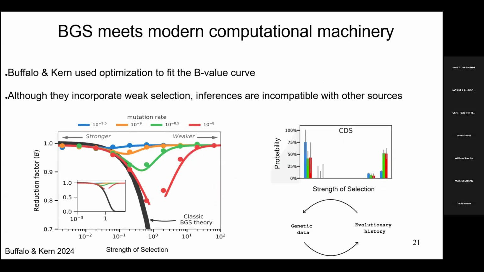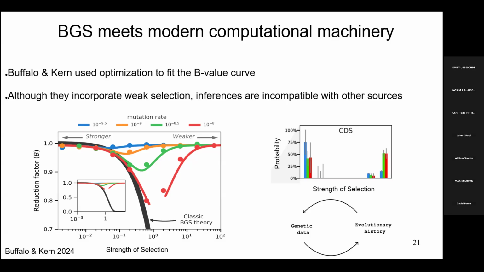Okay, soon after that, just last year, Buffalo and Kern used a new model that is based not on classic BGS exactly, but on a different model developed by Santiago and Caballero since the 90s. And this model is very good not only to study strong selection, but also weak selection.